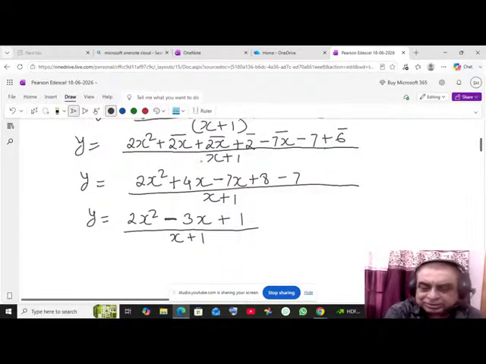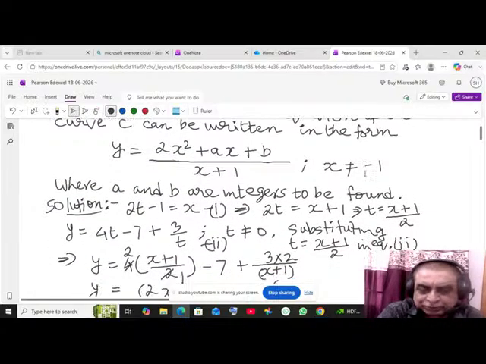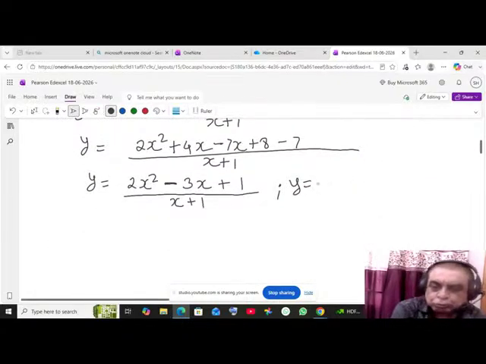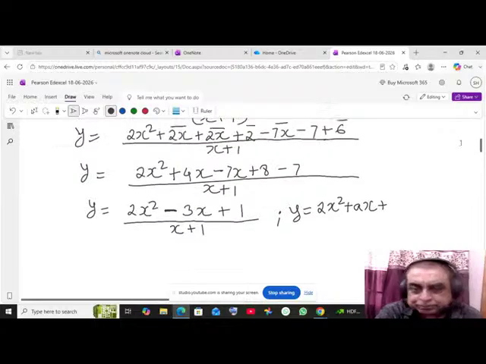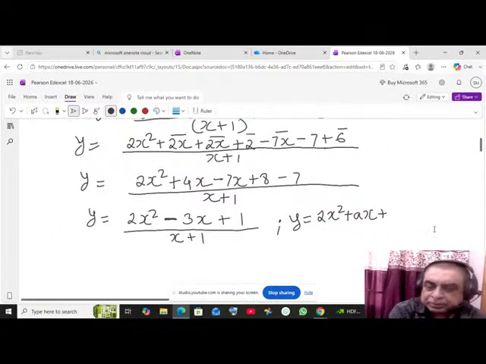Now this is the same type of equation: 2x squared minus 3x plus 1.